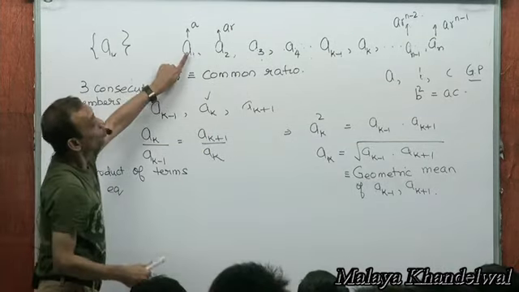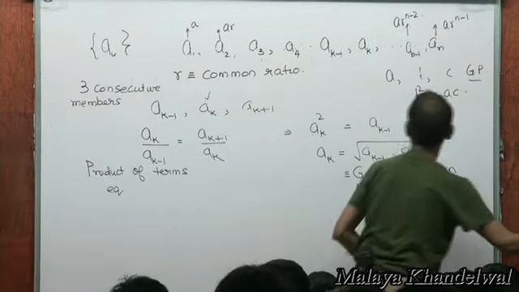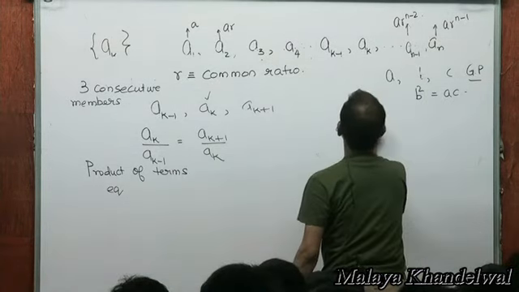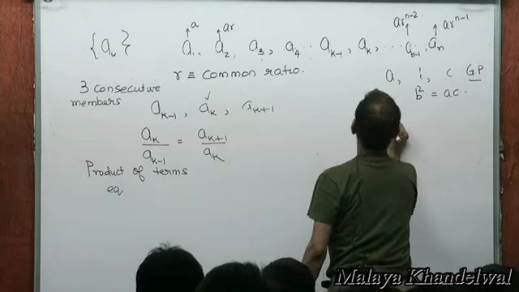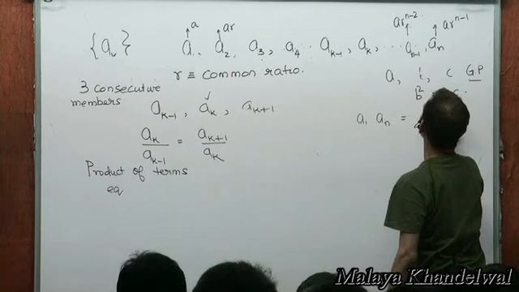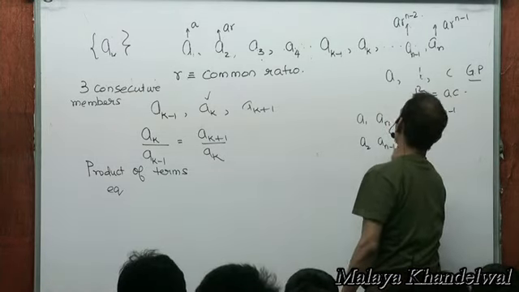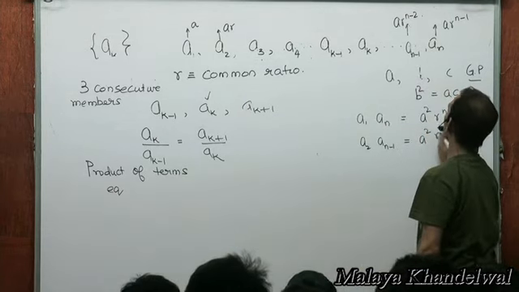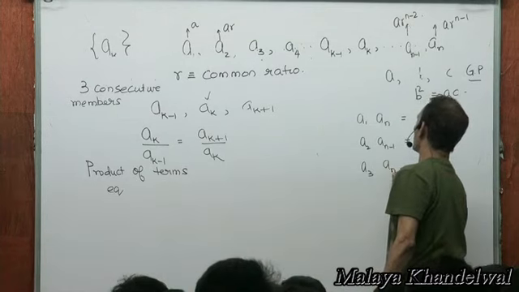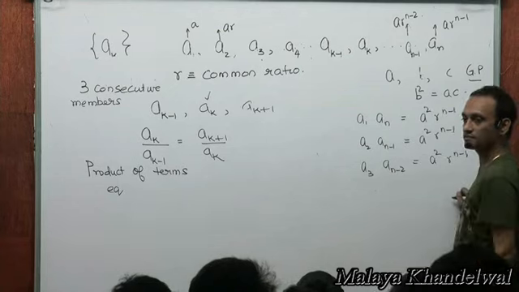Yes or no? Now, what is A1 into AN? First term into last term. A1 into AN. A squared R to power n minus 1. What is A2 into AN minus 1? Check all this.